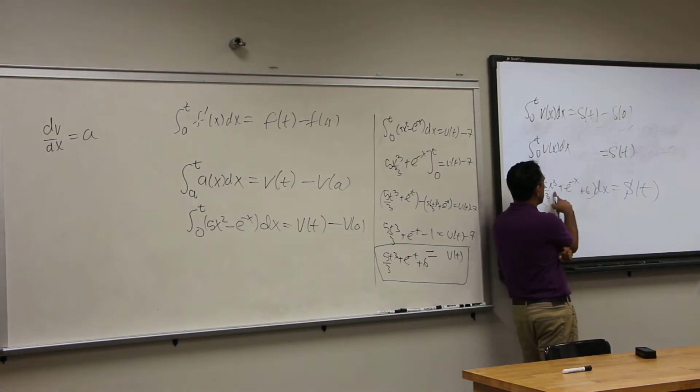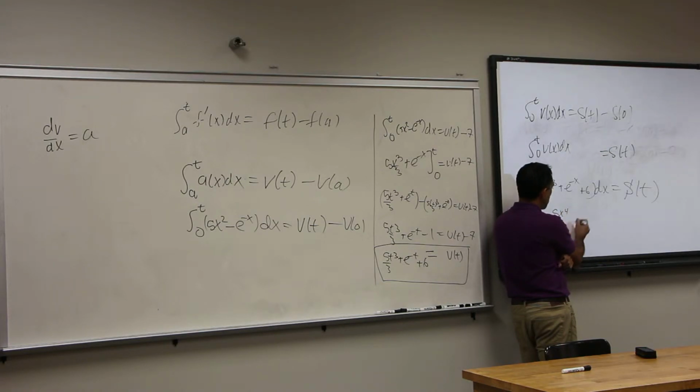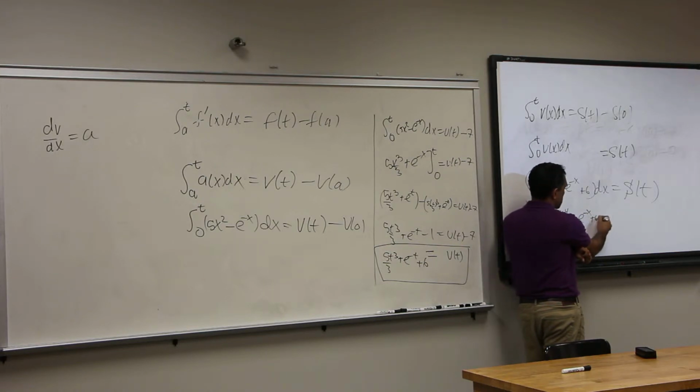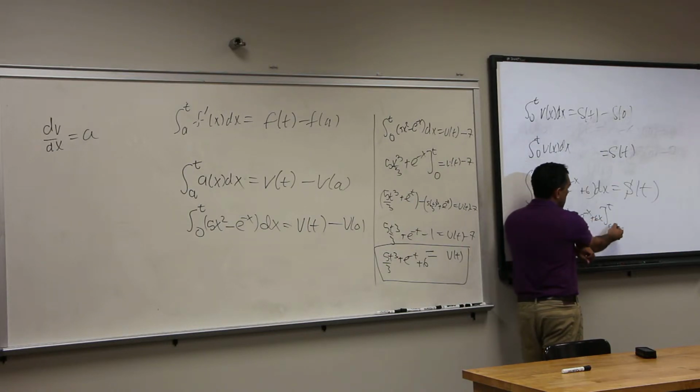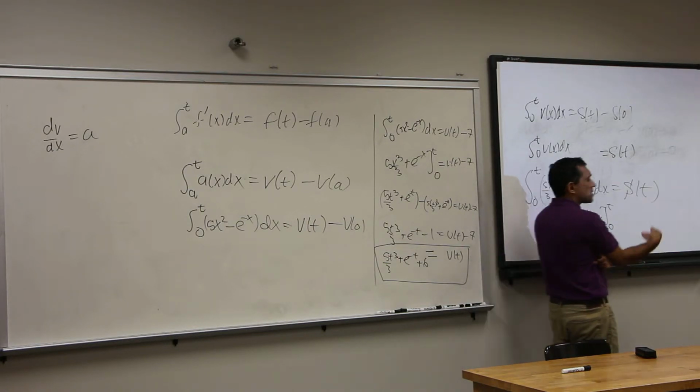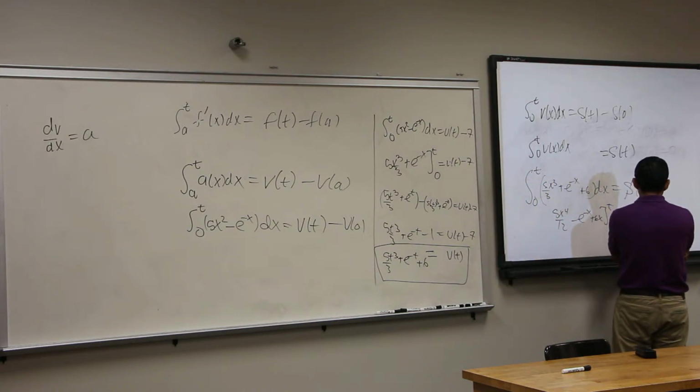What is the antiderivative of 5 thirds x to the power 3? 5x to the 4 over 12, minus e to the minus x, plus 6x. You evaluate at t, and then you'll pick up your function of t. Evaluate it at 0, subtract, and you will get your function of time up to a constant, but that constant is 0, so we'll go to that.